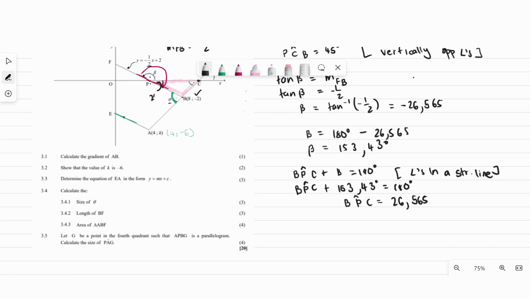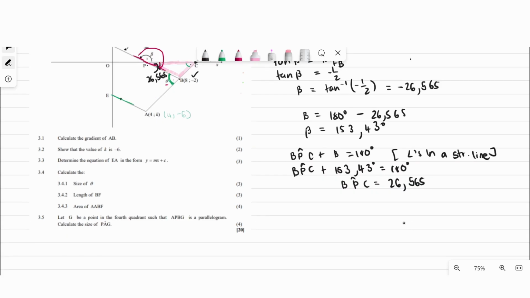So it's going to be 26.565, right? Now to find theta, theta is going to be equal to this angle plus this angle. So it's going to be equal to BPC plus this angle, which is PCB, right?